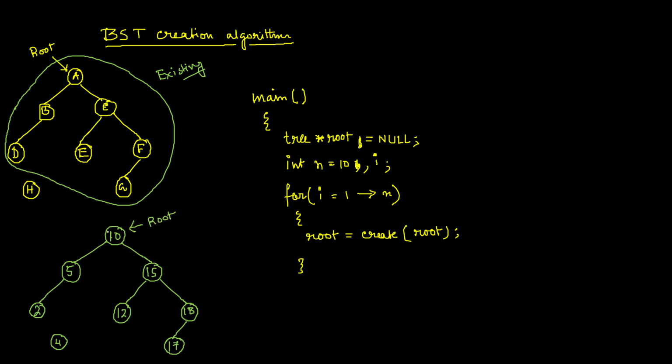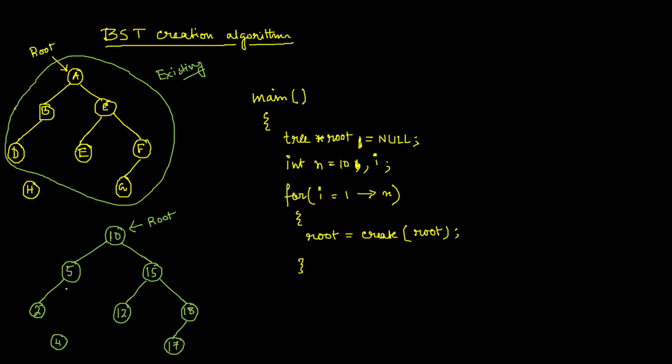You will see that 4 is lesser than 10, so you will come to the left side. Then you will check 4 with 5. So basically you are updating your node, and according to the current value of the node where you are pointing, you take the decision whether to go left or right.